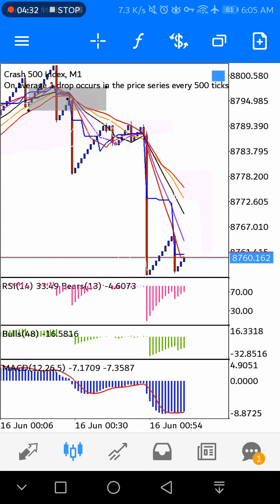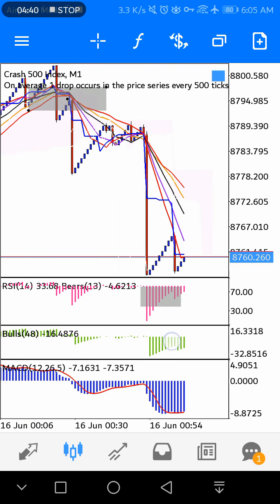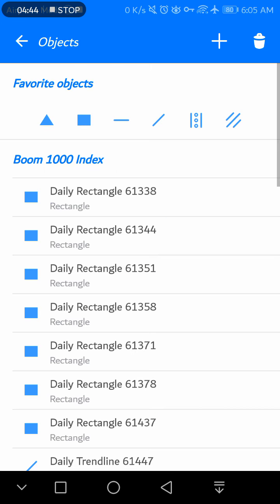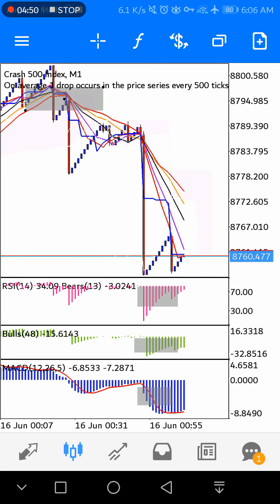The confirmation will come from the bears power histogram and also the bulls power histogram showing downward, and the MACD also showing downward. It means go for sell, guys.